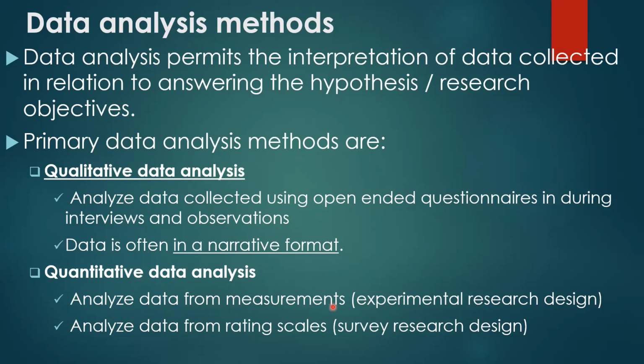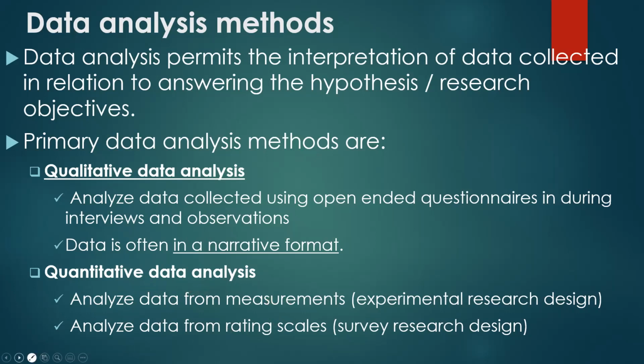We get numbers when we do measurements, especially for experimental research designs. And then we also have rating scales for survey research design. You know that rating scales, nominal scale and ordinal scale, also give us numbers, so we also consider those numbers as quantitative data.